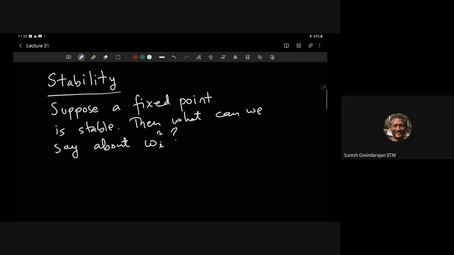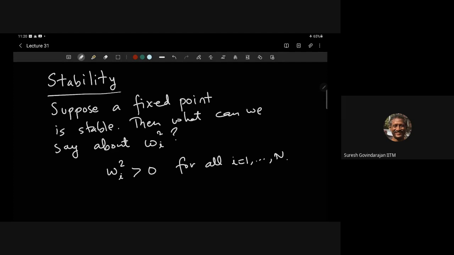A question to you guys, what do you think it is? Real positive. Okay, so omega I square would be greater than 0 for all I equal to 1.